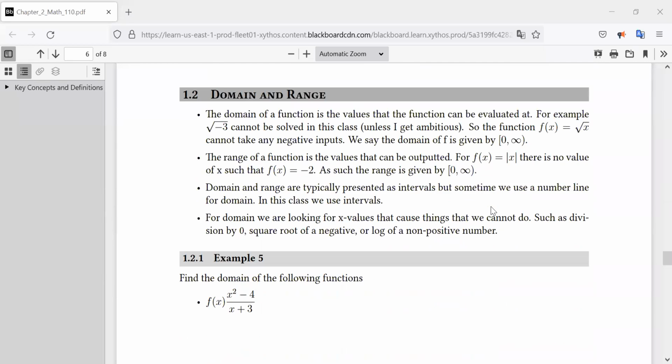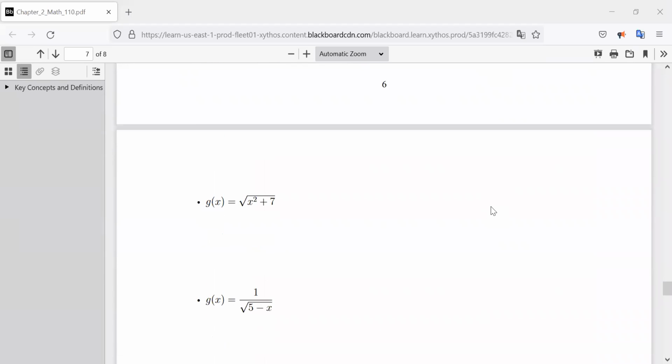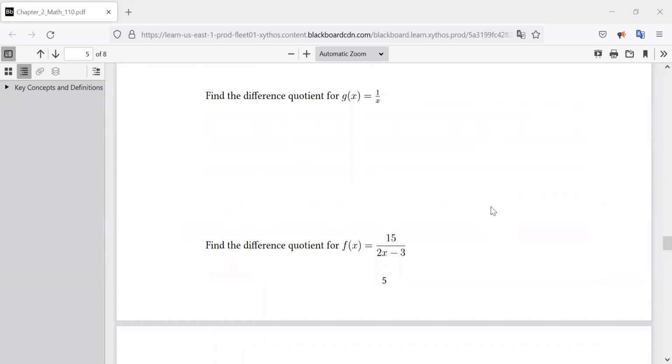We've got another couple examples. Let's do this one. So reminder, the difference quotient is f of a plus h minus f of a all over h. So if I want to do the difference quotient for g here, it's going to be the same thing, just these f's become g's.